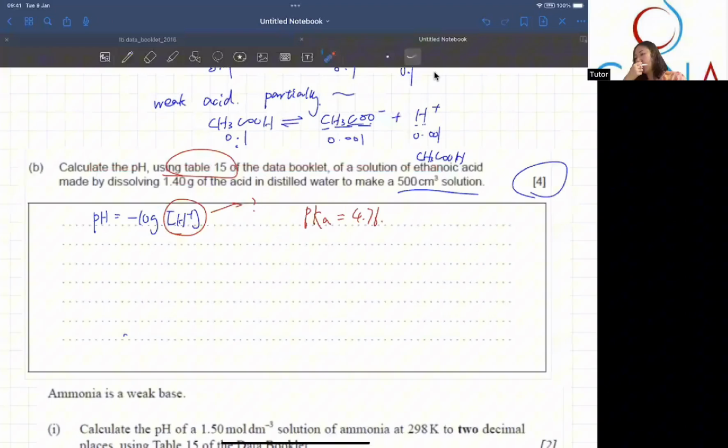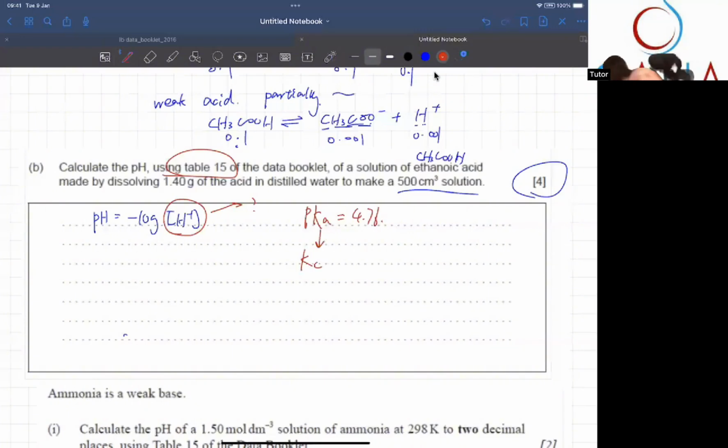Okay, so why are we using Ka here, or what is Ka exactly? Ka is not only a number. Remember the equilibrium constant? We studied the equilibrium constant, which is Kc.